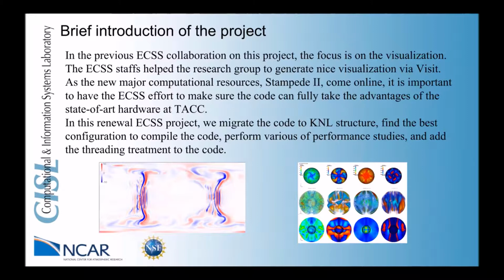In this new ECSS project, we migrate the code to the KNL architecture, find the best configurations to compile the code, perform various performance studies, and add the threading treatment to the code.